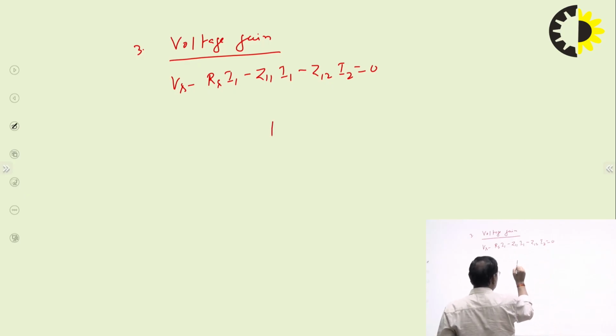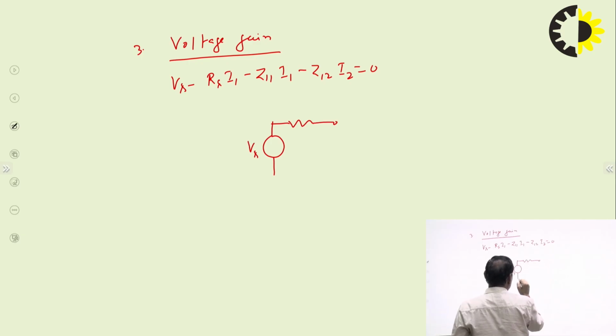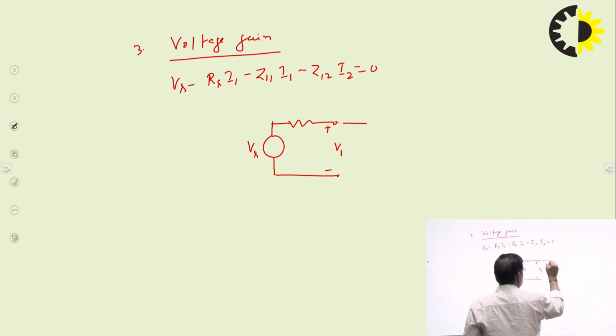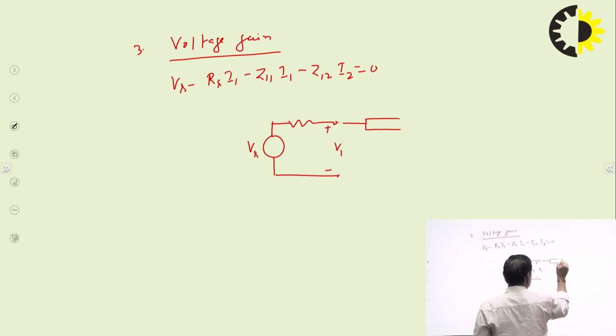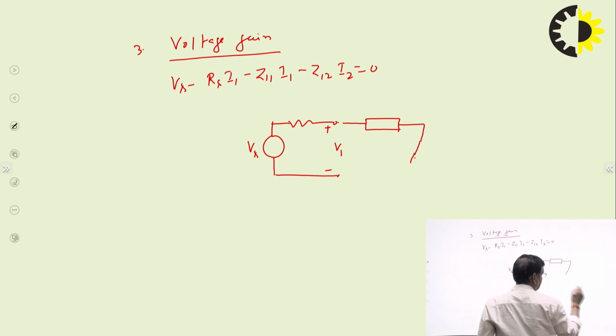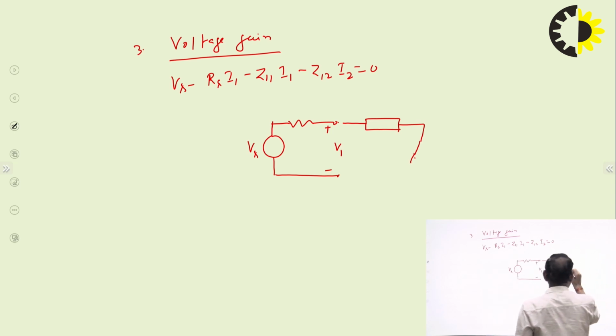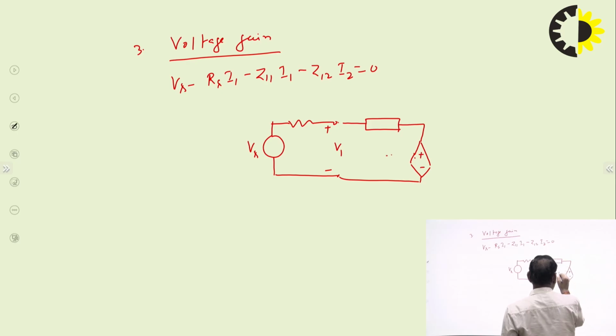This is your Vs, the input port, this is your Is, this is your V1, this is your Z11, and this is the dependent source plus minus Z12 I2.